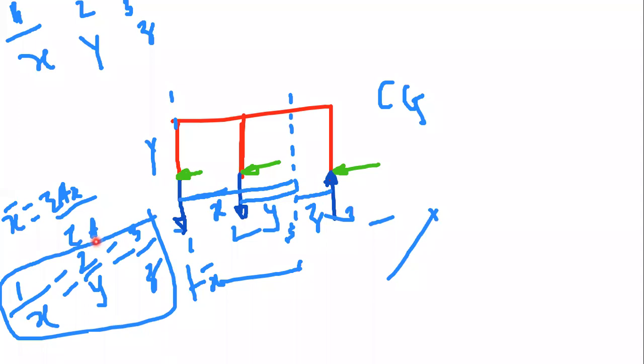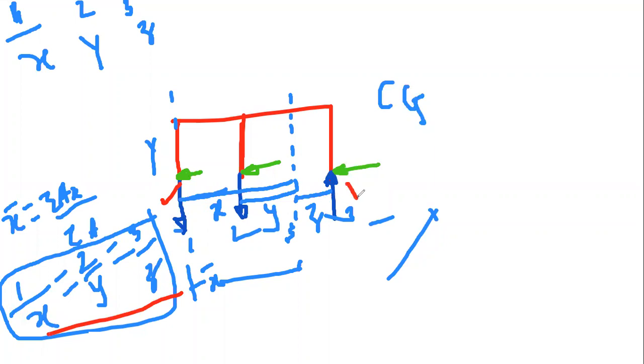This is our third assumption. In the portal method you directly got H, and the horizontal shear would be twice that of the exterior. Here we are getting the proportion for the axial force, that is, at an inflection point we are getting the vertical forces. So this is the proportion, and we have got one equation.